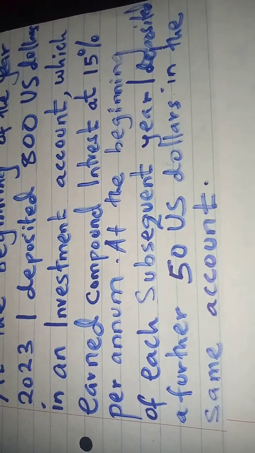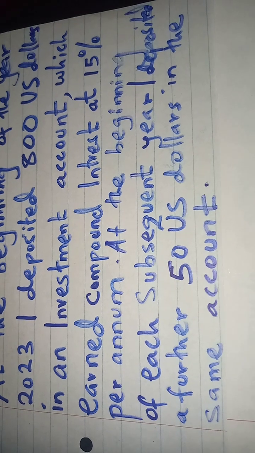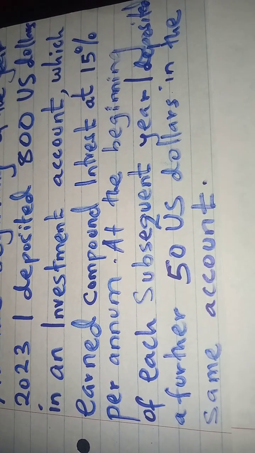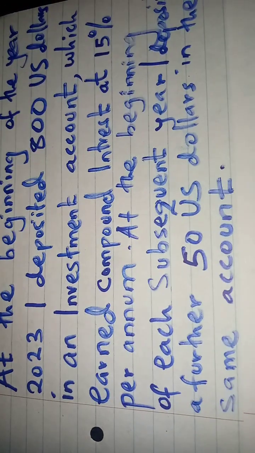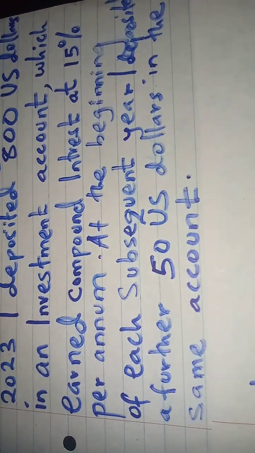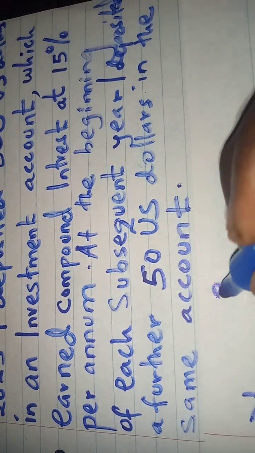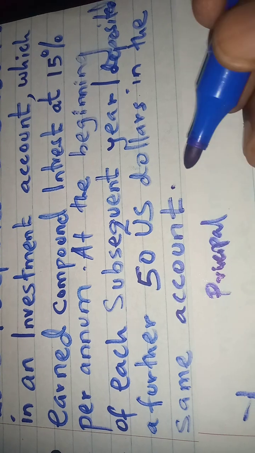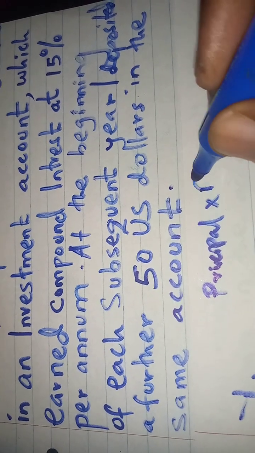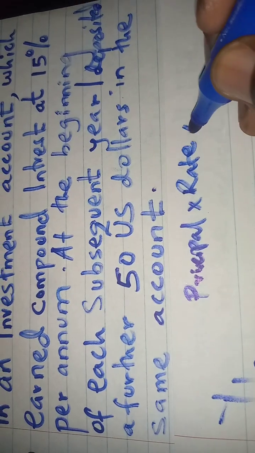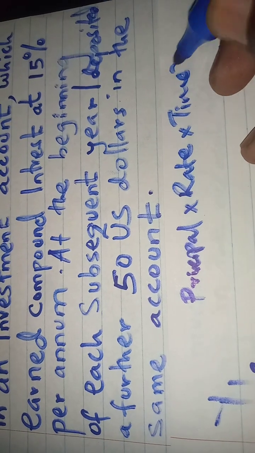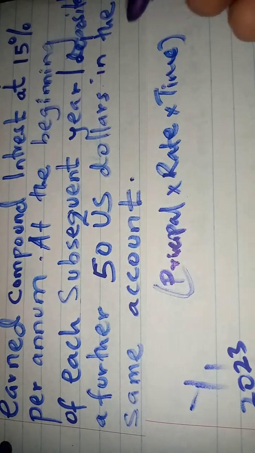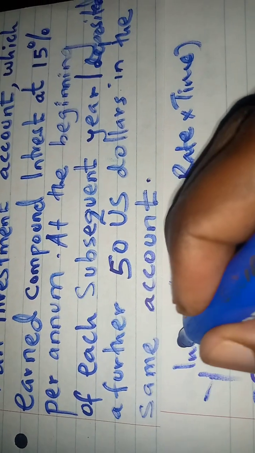So let us see. In year 1, so maybe that is 2023, I'm going to use the relationship of principal times the rate at which I'm going to be charged times the time taken in order to get the interest.